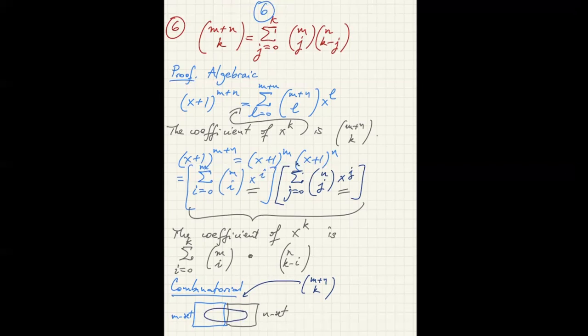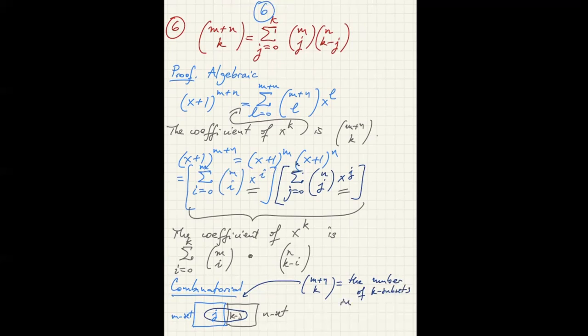A k-subset has some elements from the left side, and some elements from the right side. So if from this side we have j elements, then automatically from this other side you have to have k minus j elements. So basically what we're saying is that m plus n choose k is the number of k-subsets in this set.